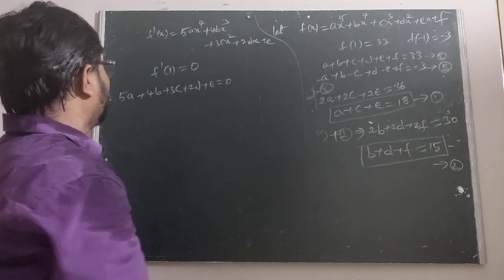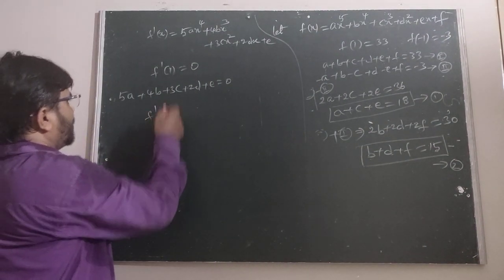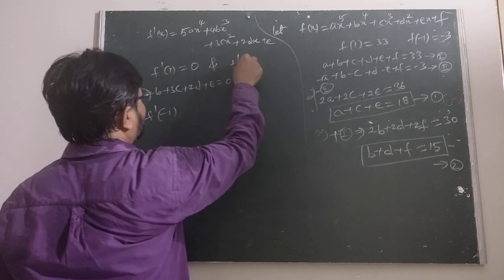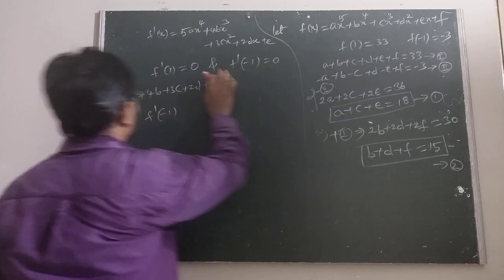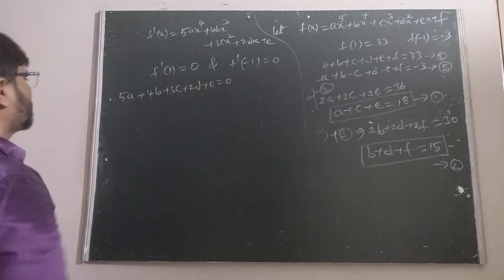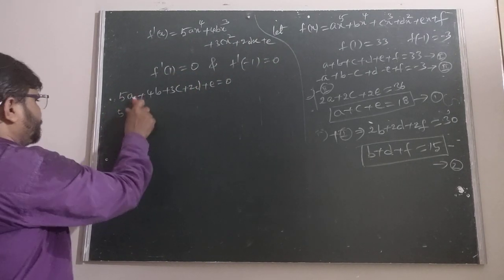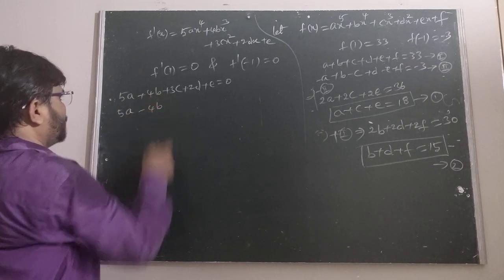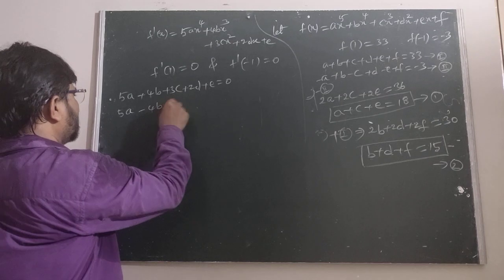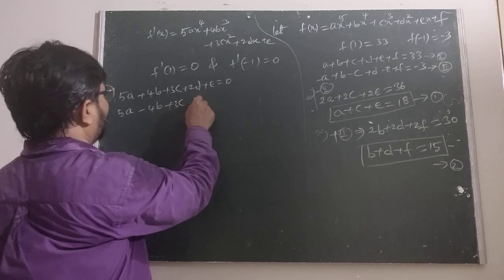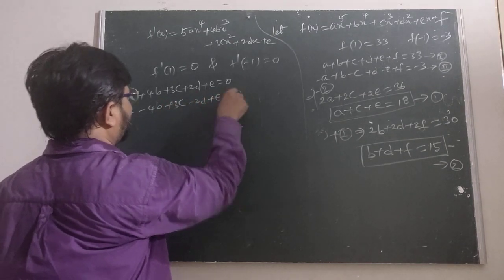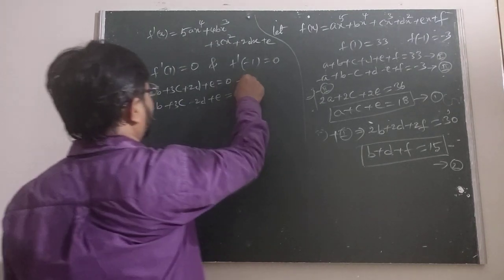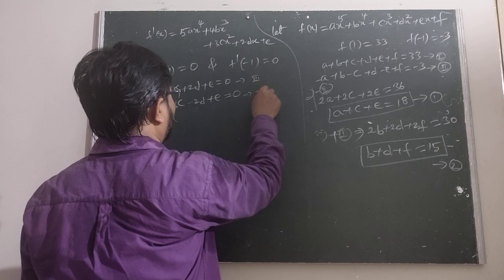So f dash of minus 1 is 5a minus 4b plus 3c minus 2d plus e equal to 0. These are the equations. Now we take Roman number 3 and 4.